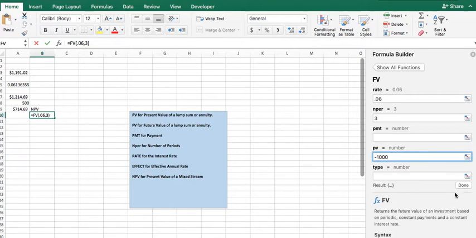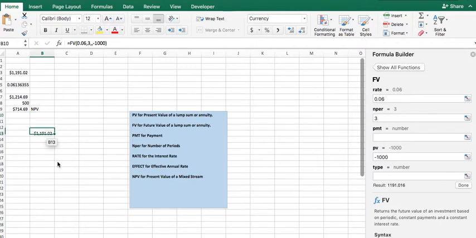So basically what we're trying to figure out is what is the future value of $1,000 put in an account up front for 3 years at a 6% annual rate. And we click done, we see that the amount is $1,191.02.